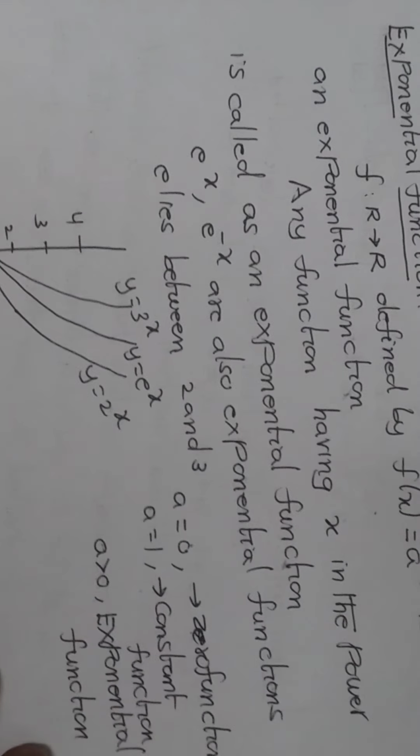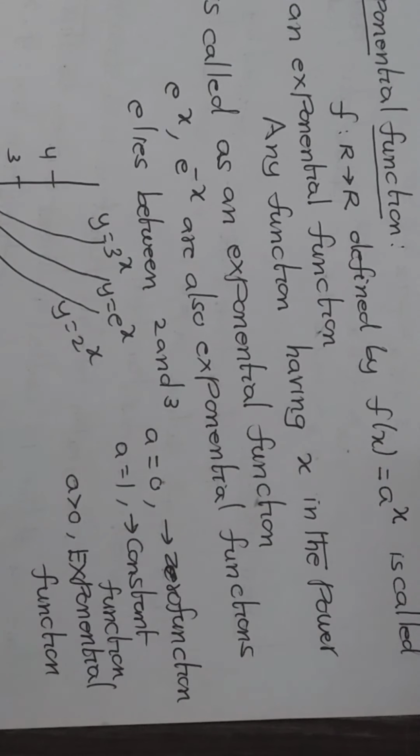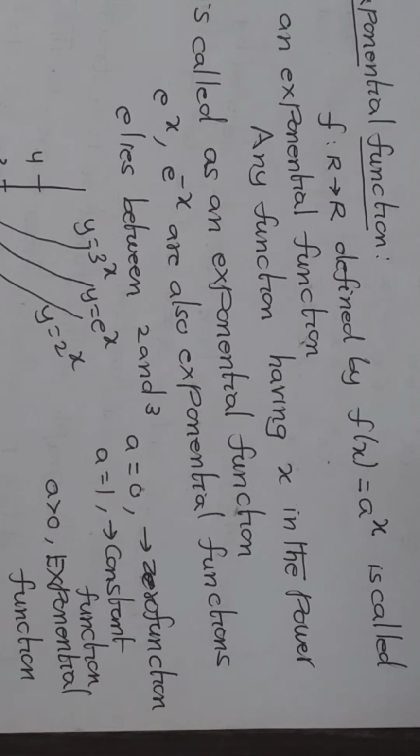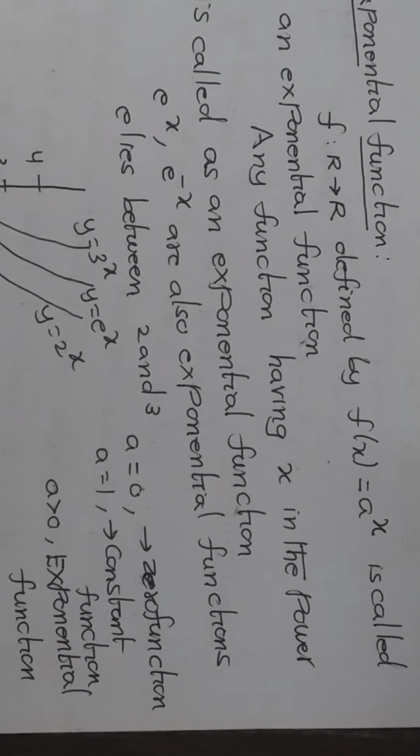Okay, next one, exponential function. Students, exponential function means generally any function in which x is present in the power, like m power n. Then it's called an exponential function. For example, f of x equal to a power x is called an exponential function. Why is it called an exponential function?